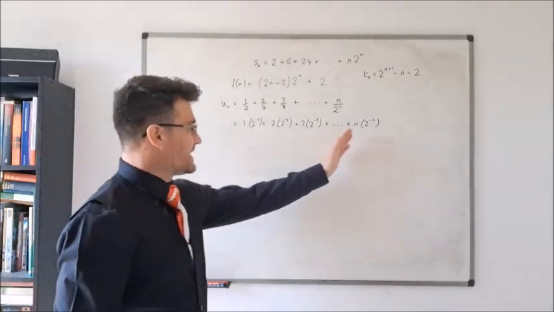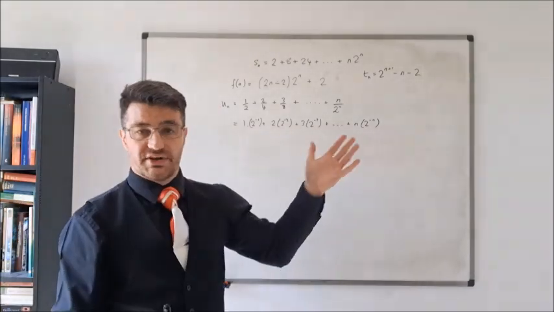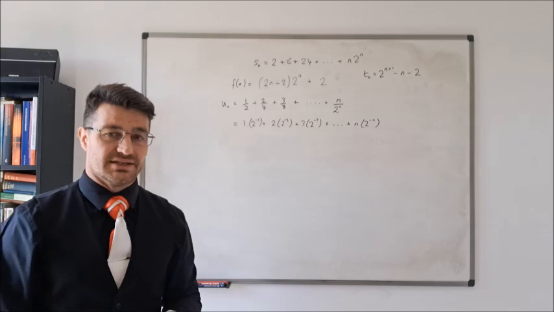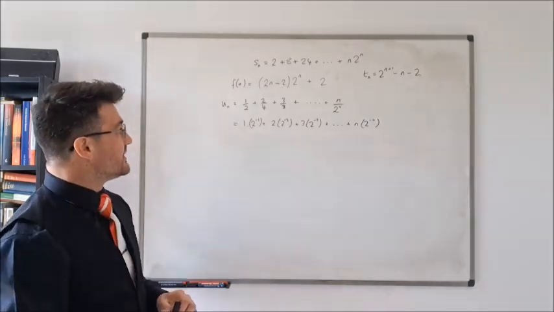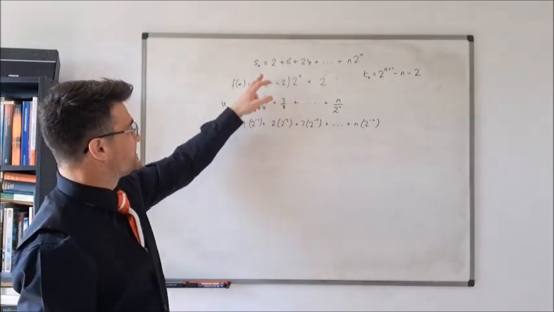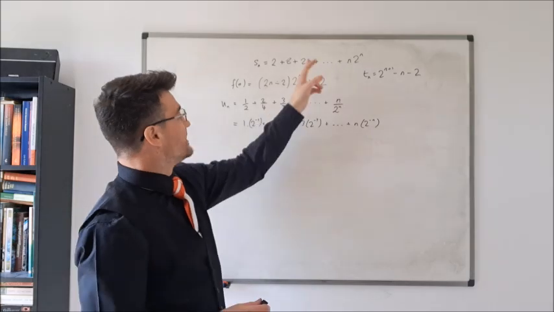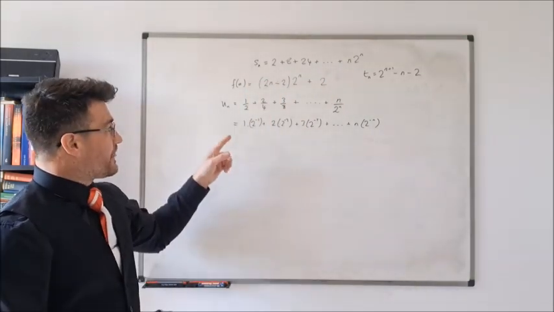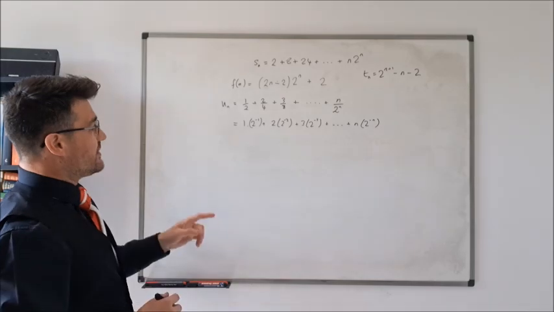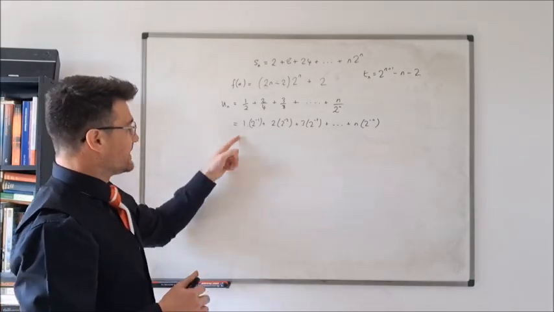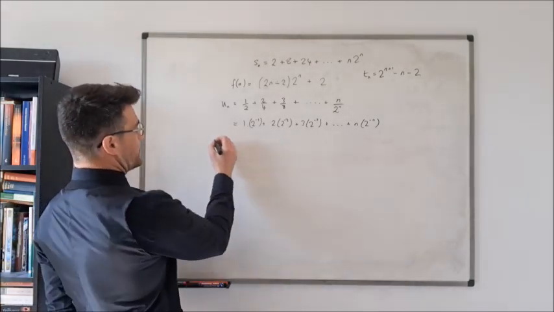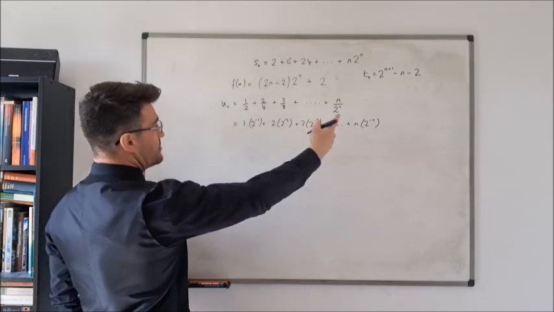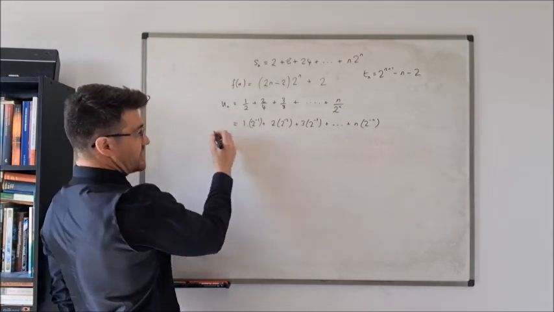So I got to this stage, and when I saw this first, I thought this is not really useful to me. I was hoping to see something resembling this, or maybe resembling the Tn. But after a couple of minutes of thinking, it occurred to me what I needed to do. Multiply through by 2 to the power of n.